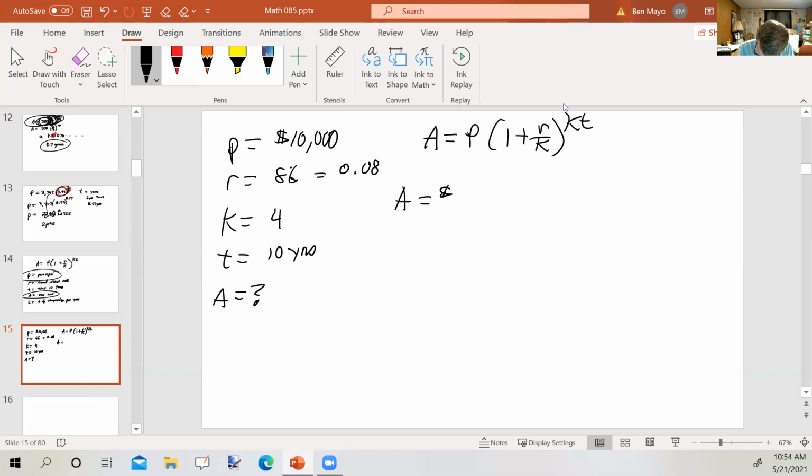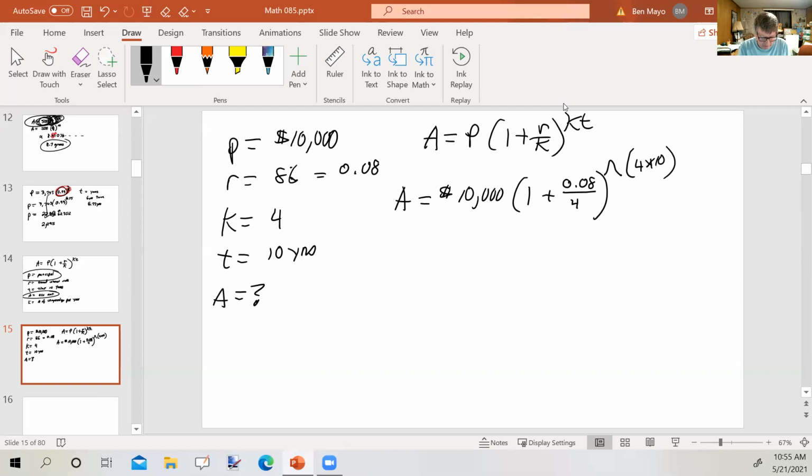A equals $10,000 times parentheses 1 plus 0.08 divided by 4, all raised to the parentheses 4 times 10 power. Now, there's a couple of different ways you can do this. You can put everything into the calculator just like it is. I'm going to do that.